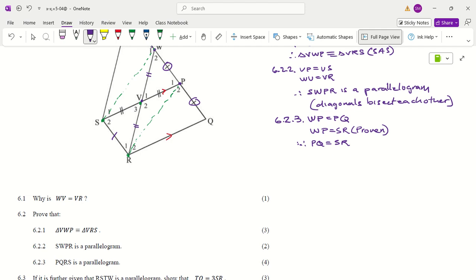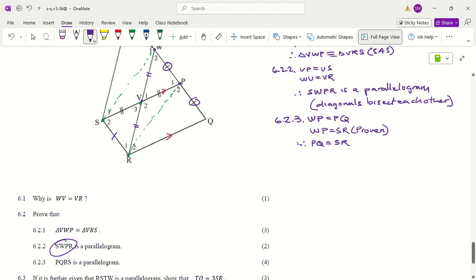So we've just proven that PQ is equal to SR. Then the next information, we can use the fact that we have proven that SWRP is a parallelogram in the previous question.